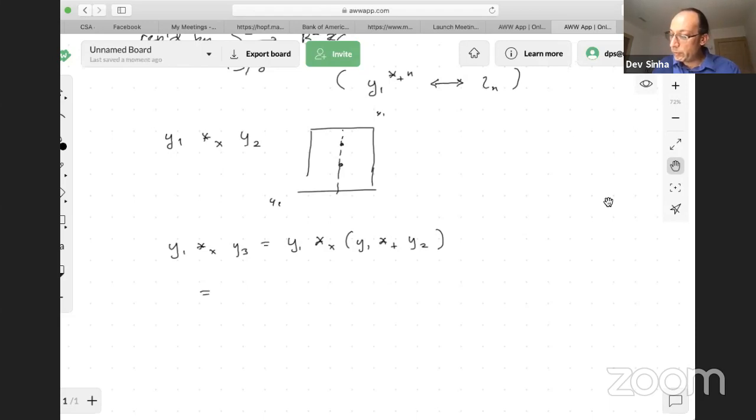So this is equal to the sum over, I've got to take the coproduct of y1, but that's just y1 tensor the unit, or I could also call that y0 plus 1 tensor y1. So there's only going to be two terms.